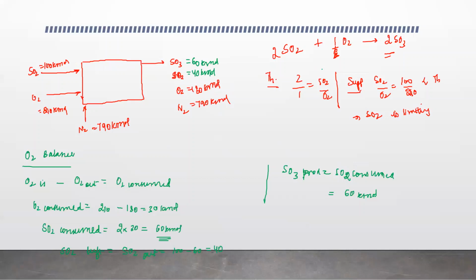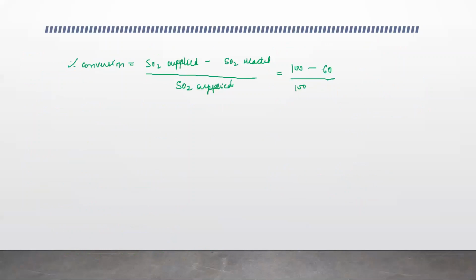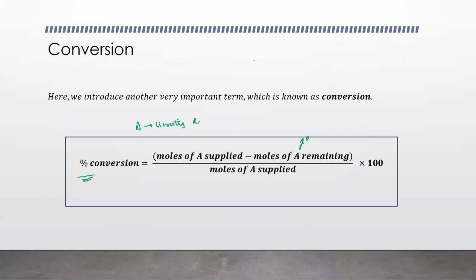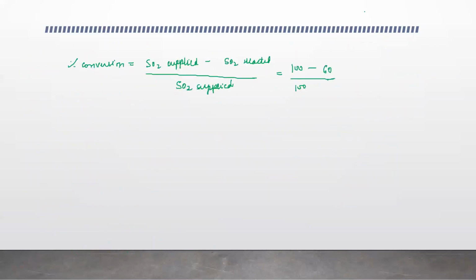Oh, wait, this is not SO2 reacted. In the formula it was SO2 remaining, not SO2 reacted. So SO2 out, that is SO2 remaining, is 40.